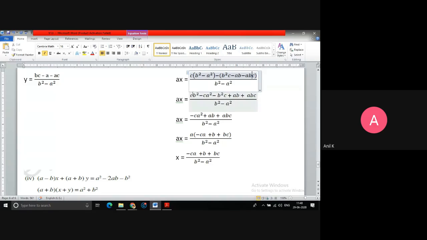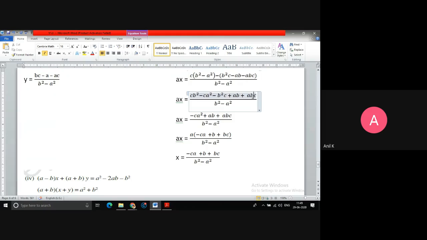Now the next step is just to open the bracket. c into b square is cb square. c into a square is ca square. This minus is outside the bracket, so each and every term in this bracket is going to change sign. So minus into b square c is minus b square c. Then minus into minus ab is going to be plus ab. Minus into minus abc is going to be plus abc.